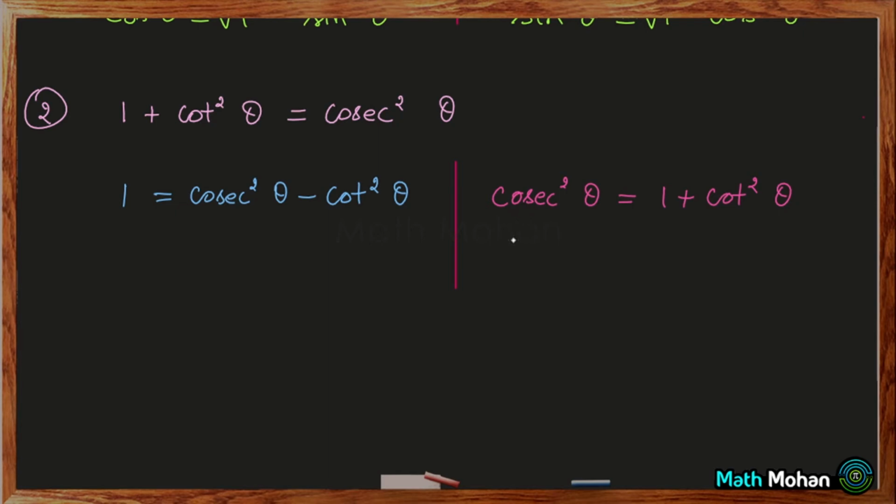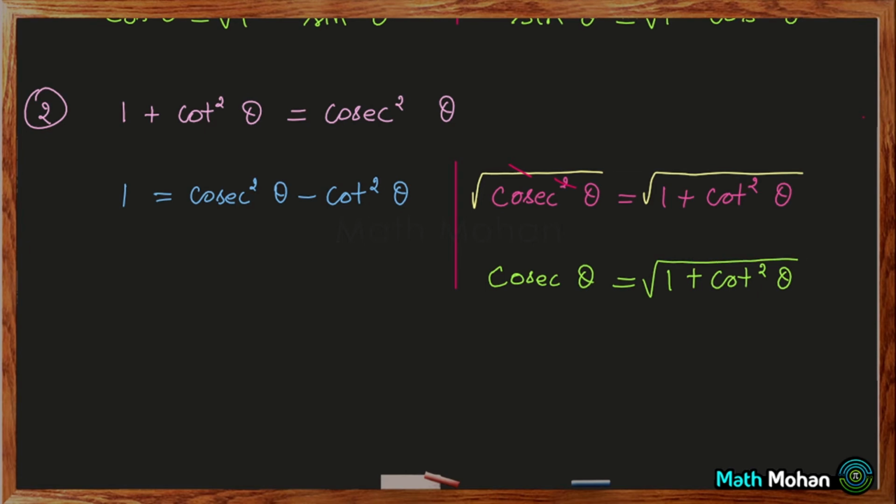And from here, if I need cosecant theta, I can take the square root on both sides. You can understand. Take the square root on both sides, this you can cancel, and thereby you will get cosecant theta equal to the square root of 1 plus cot square theta. So this is one way of writing.